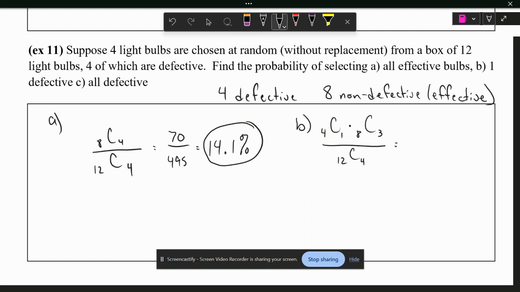So I'm back to plugging things into my calculator. 4 choose 1, so 4, times 8 choose 3.